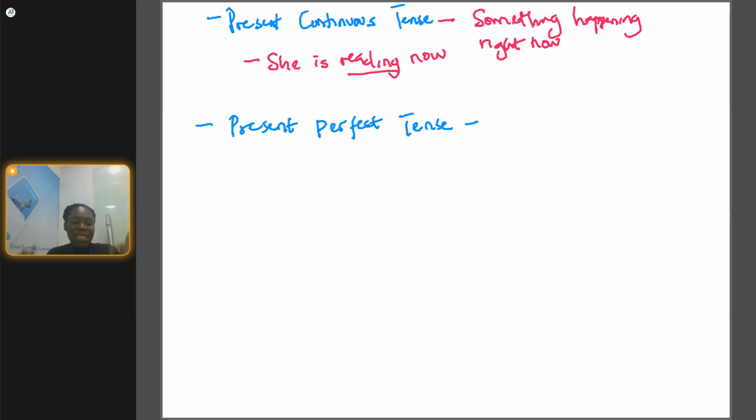The cake may still be baking at the moment, but you started baking it earlier before now, and it's still affecting the present because the cake itself is still baking. So you can imagine it like that. So that's present perfect. It's like something that happened in the past but is reflecting in the present. So you started baking, but the baking still has an effect on the present.